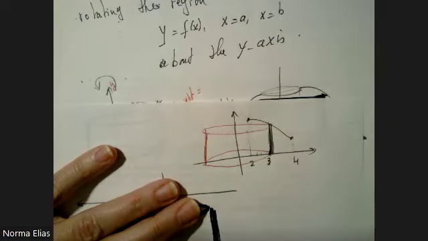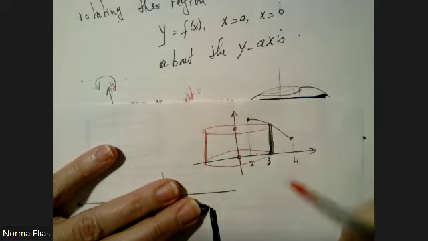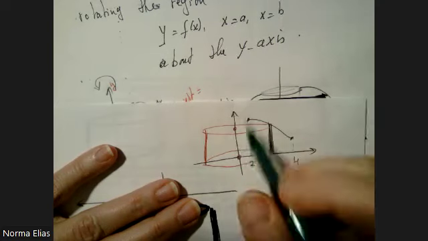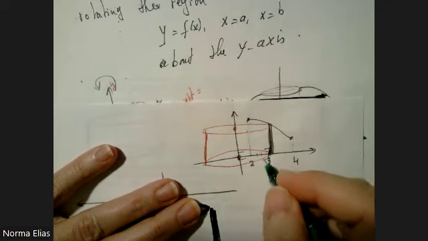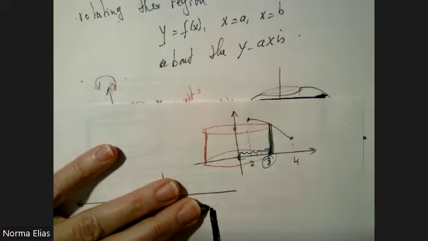Now I'm back to you. What is going to be the radius of the shell? Use this picture, not xi for the moment. The radius is obviously from here to here, so the radius is going to be 3. Are you with me or not?